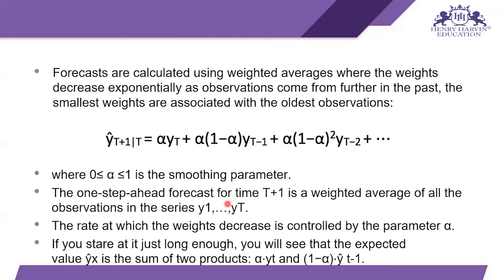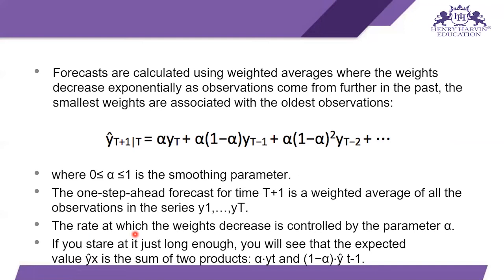The one step ahead forecast for time t plus 1 is the weighted average of all the observations in the series y1 till yt. The rate at which the weights decrease is controlled by the parameter alpha.